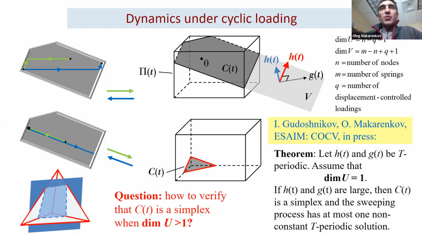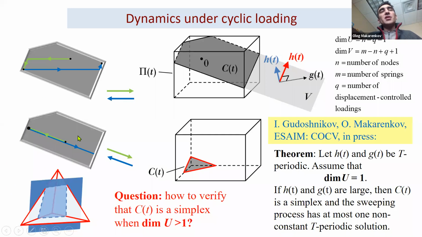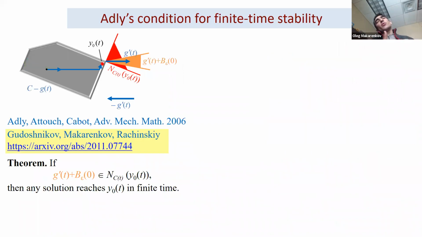Okay, now next slide here. Now let's assume that what we considered in this slide was some cyclic excitation of the material. Cyclic excitation. What if we just move in one direction? Here, in this picture, moving just to the left.